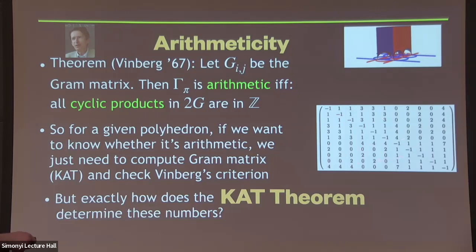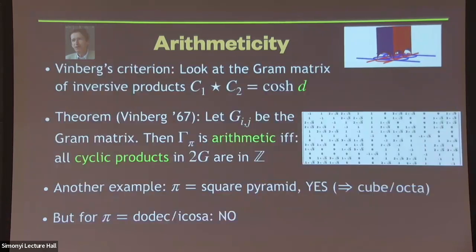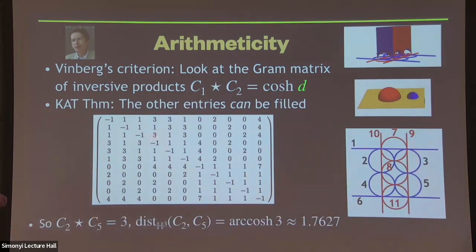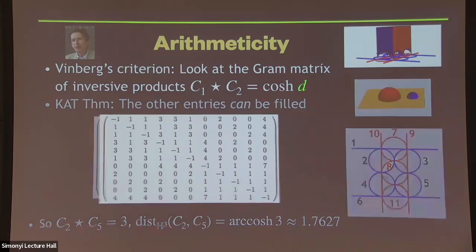These numbers are the hyperbolic cosines of the distances. So the fact that this number is 3 is kind of weird. Oh, I see. It's not the hyperbolic distance, it's the cosh of the hyperbolic distance, but the hyperbolic distance turns out to be arccosh of a whole number or an algebraic number.